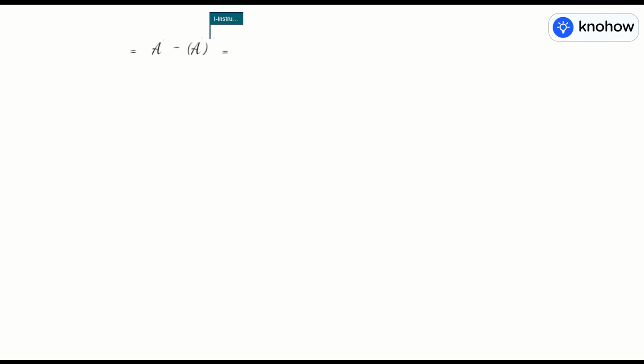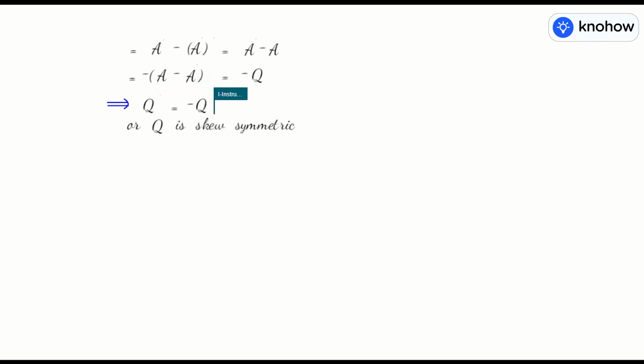And you know A dash dash is the same as A. Take negative common, you get negative times (A minus A dash), which as per definition is denoted by Q. So what do you find finally? That Q dash is negative Q, or we can conclude that Q is a skew symmetric matrix. And what is Q actually? Q was nothing but A minus A dash. So A minus A dash is a skew symmetric matrix.